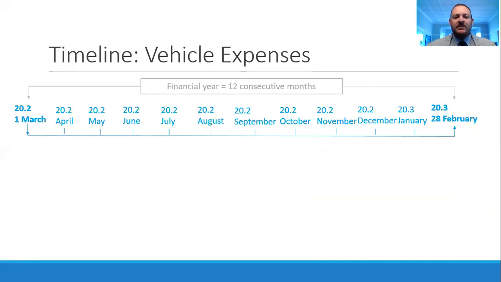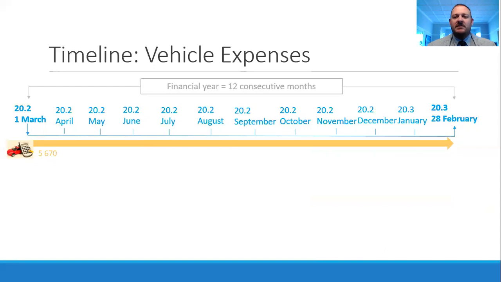If we look at vehicle expenses, over here we had vehicle expenses amounting to 5,670 Rand for those 12 months. And they told us again that that final amount of vehicle expenses for that service, which was 980 Rand, had not yet been paid. That 980 Rand falls in the current financial period.